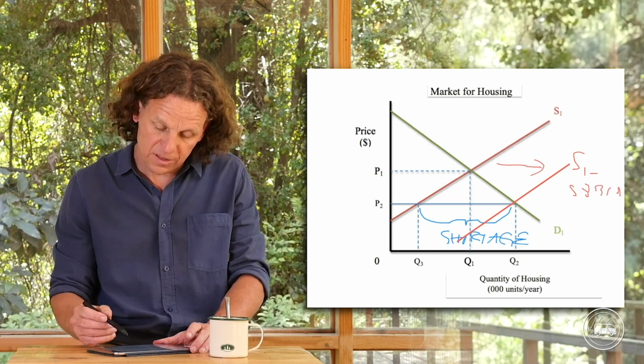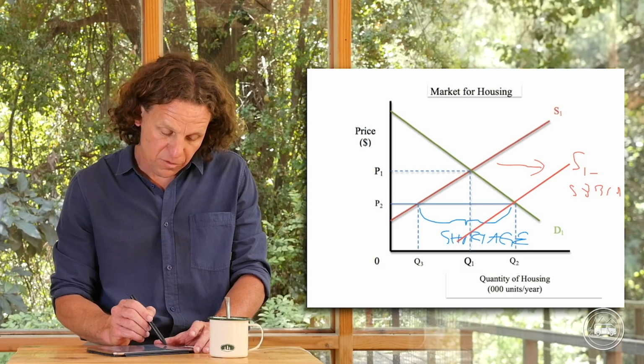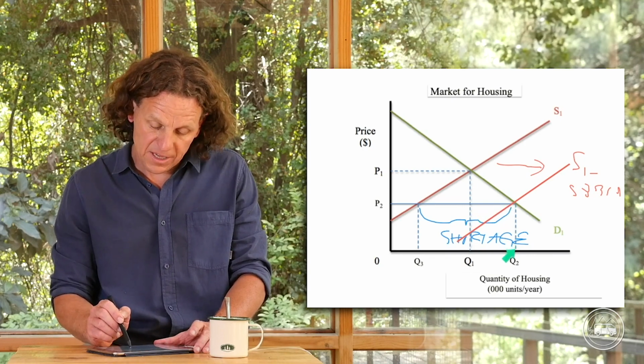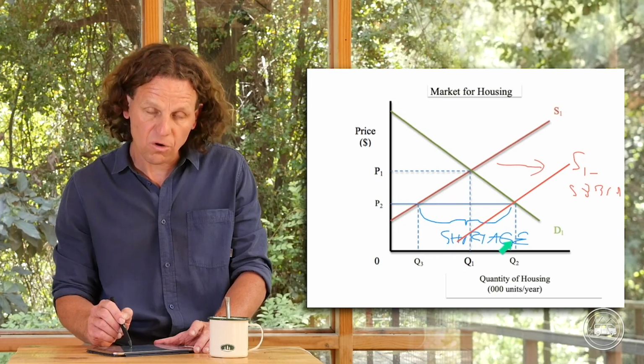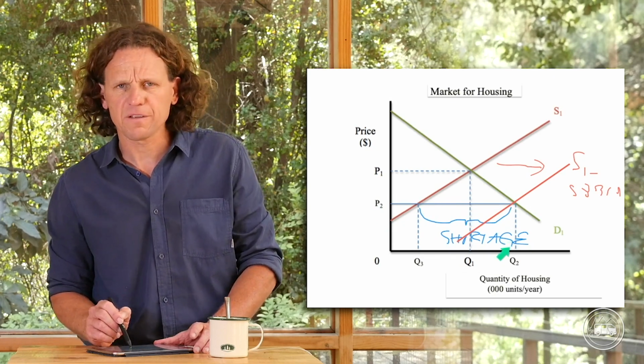That is terrible, but you get the point, right? And now, as a result of the subsidy, the market is actually operating out at P2, Q2, which was the whole goal of the government in the first place.